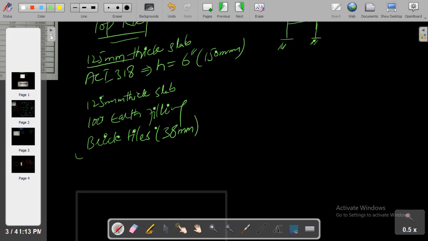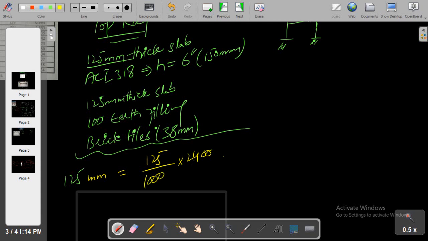Now to calculate the loads of these materials, first of all the 125 millimeter thick slab, the weight is simple. We just take the thickness of the slab. This is RCC, so the density of RCC is 2400 kg per cubic meter, which is 150 pound per cubic feet, and we divide by 1000 because the thickness is in millimeter.